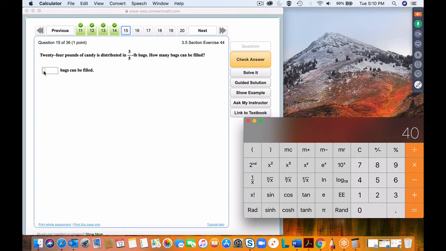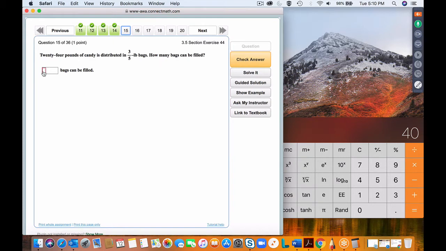So it means we have 40 bags. And that's the meaning for division. That's what we do here, is just a division in a word problem with a fraction. So it's just to understand the idea of how many 3/5 we have in 24.